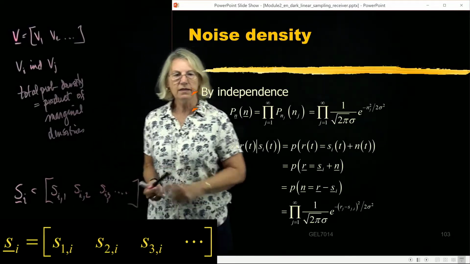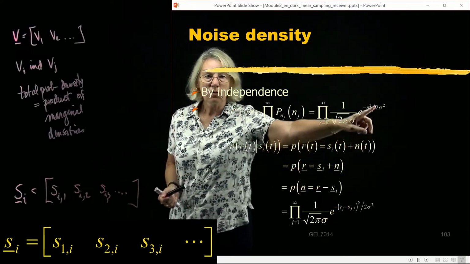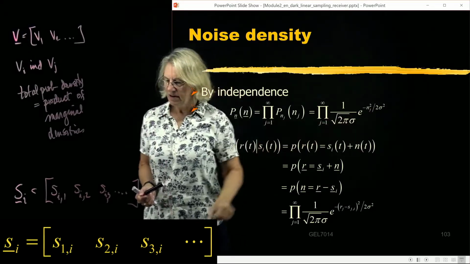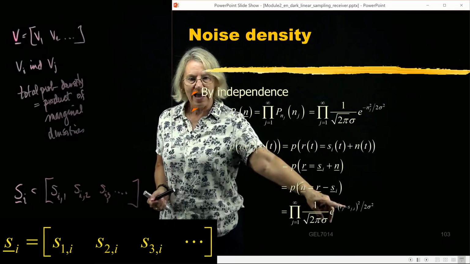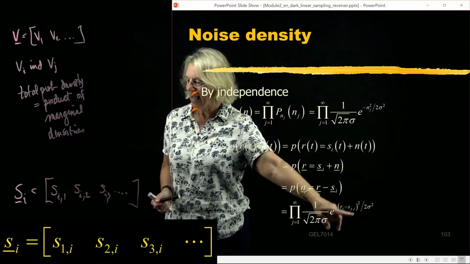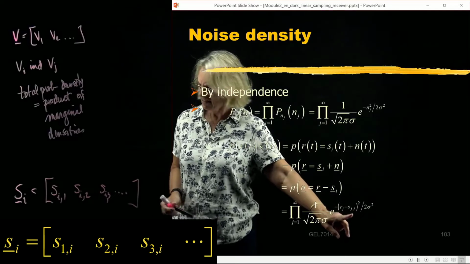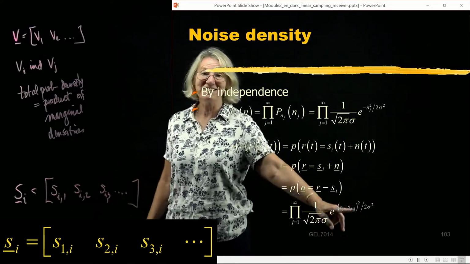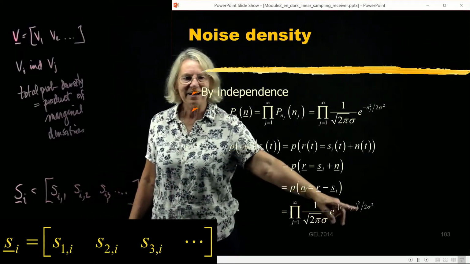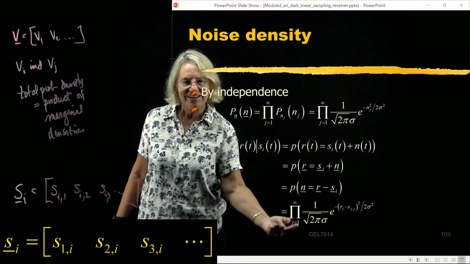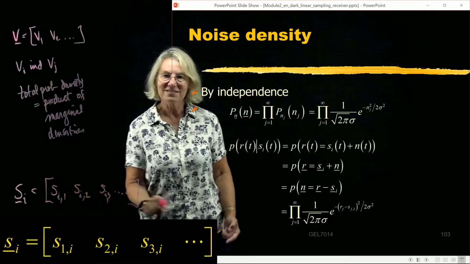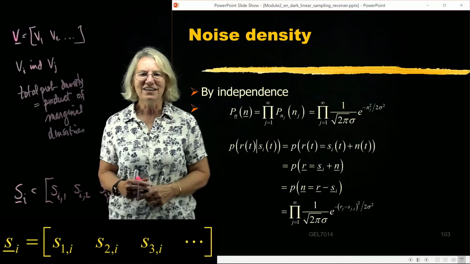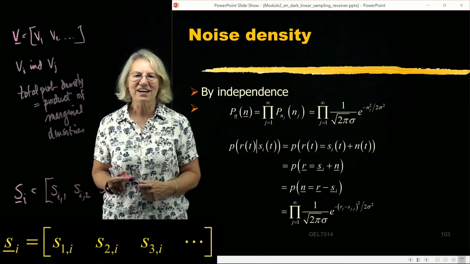Now in the exponent, I've replaced what was n_j here with r_j minus s_i,j. You can see that the sum here is over all of the elements as I go through, and the index i is which one of the symbols that I am conditioning on.